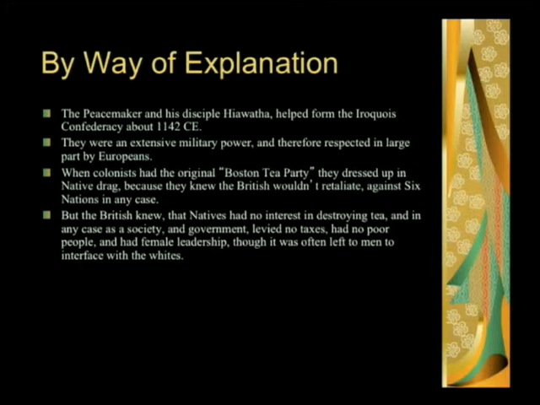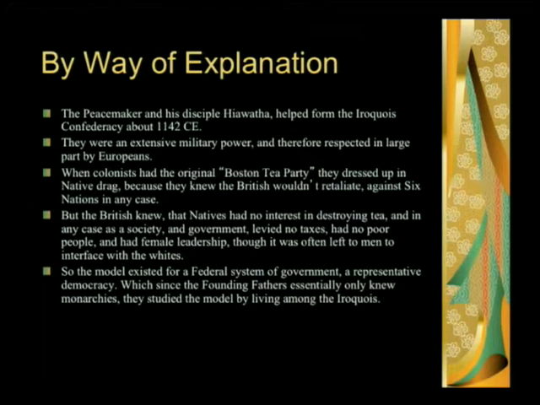Just like other native nations would use black people to interface between the native nations and white society, particularly the Cherokee and other so-called Five Civilized Tribes. So the model existed for a federal system of government, a representative democracy, which the founding fathers, who essentially only knew monarchies, studied by living among the Iroquois, and a number of them did that.